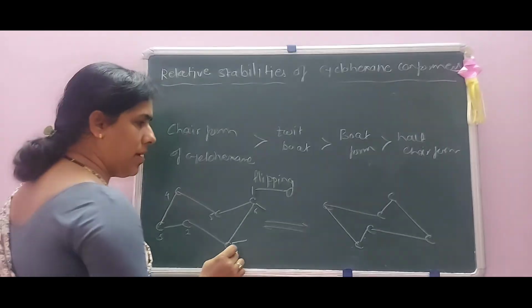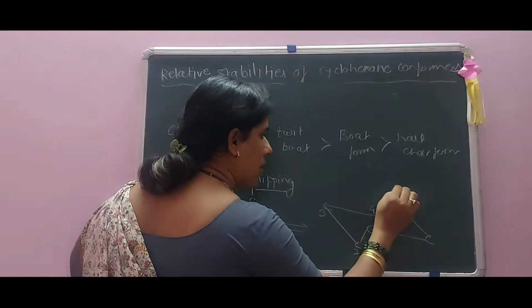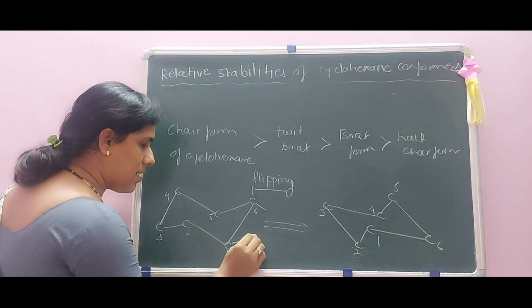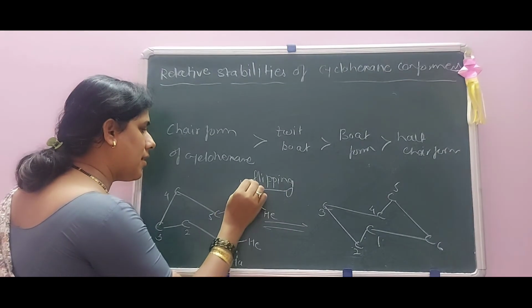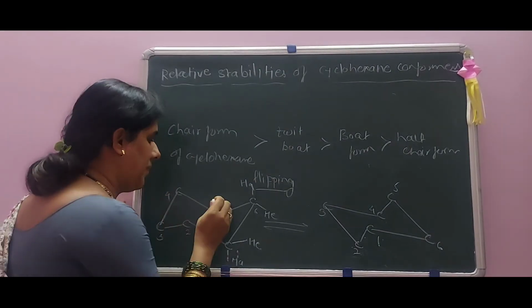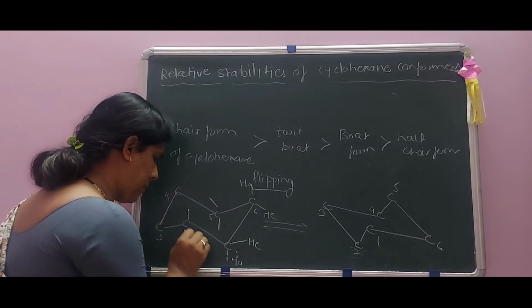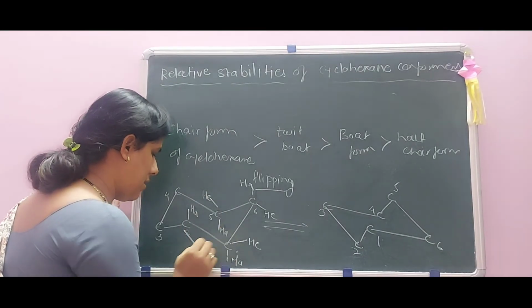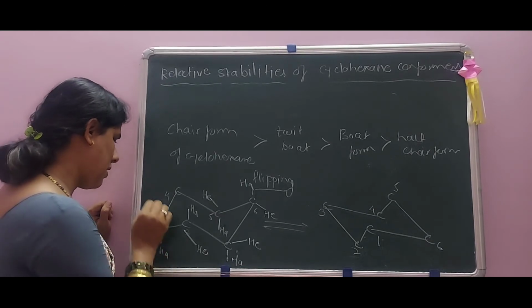Now these are HE, HA, HE, the equatorial hydrogens, and here also HA, HE, HA, HE, HA, HE.